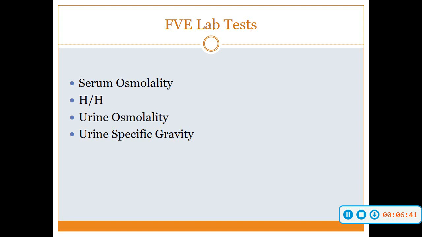Okay? So if you have high specific gravity, that could indicate dehydration or concentration. It's concentrated urine. If you have low, then it's very dilute urine. Okay? We see that a lot with patients that have diabetes insipidus. They're just going and going and going.